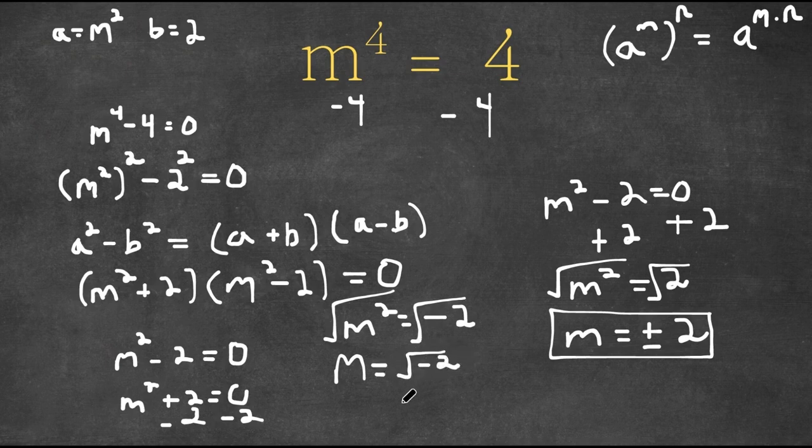The square root of negative 2 is the same thing as the square root of 2 times the square root of negative 1. And the square root of negative 1 is equal to i. So this would be positive or negative square root of 2 i. So m is also equal to this. So these are the 4 solutions to this equation.